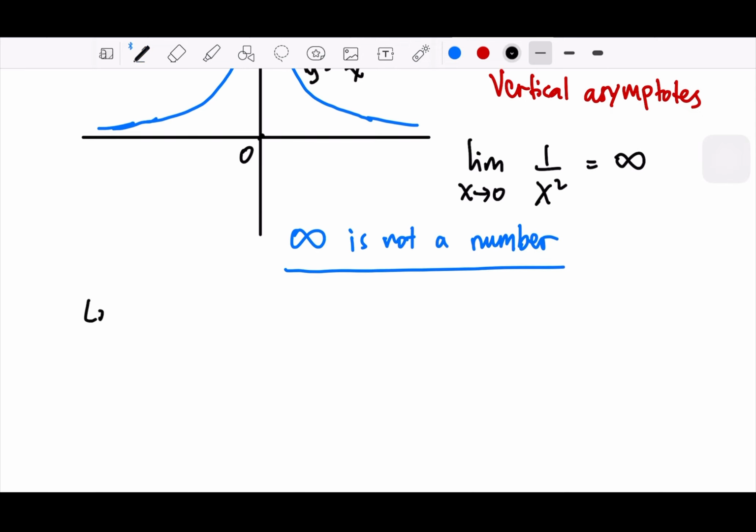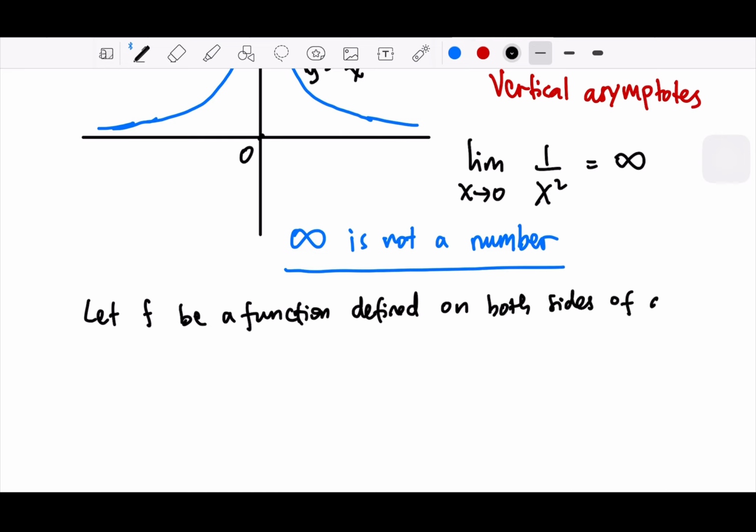So officially, if we let the function be defined on both sides of a, except possibly at a itself, it's similar to what we have before.